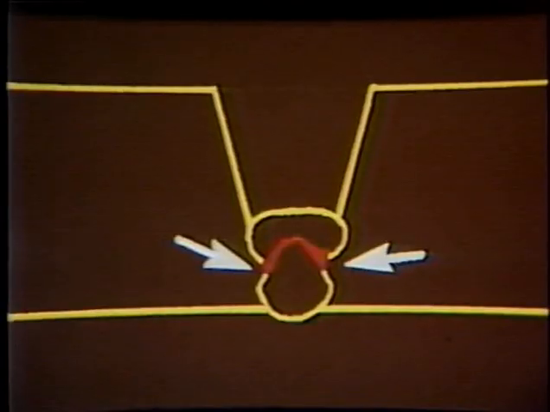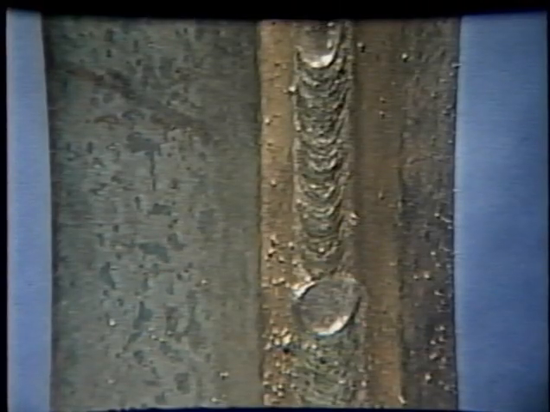Too low a welding heat or poor joint design will also cause slag to become trapped in the weld. Slag inclusions can be prevented by using proper welding technique, proper interpass cleaning, and meeting the joint design requirements of the weld procedure.